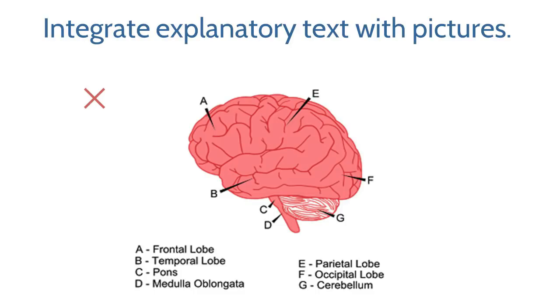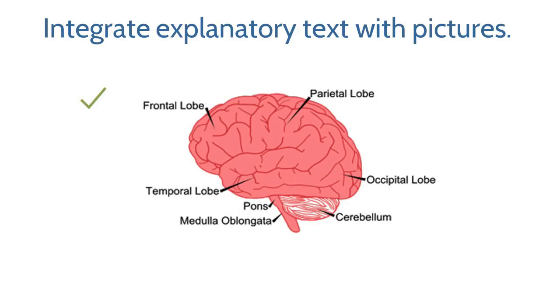Again, we're trying to avoid the split attention effect. However, if the text is integrated with the image, the brain processes them together and cognitive load is reduced. What not to do? Place text far away from the corresponding part of the graphic. What to do instead? Place text close to the corresponding part of the graphic.